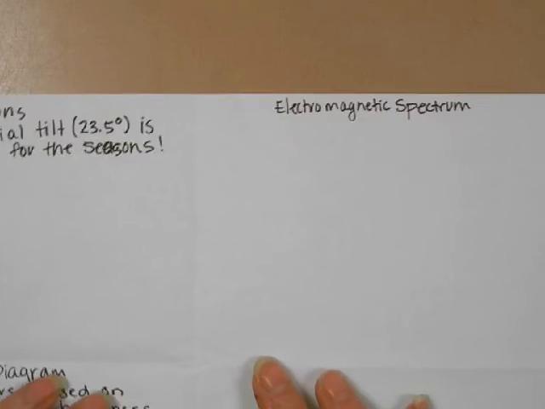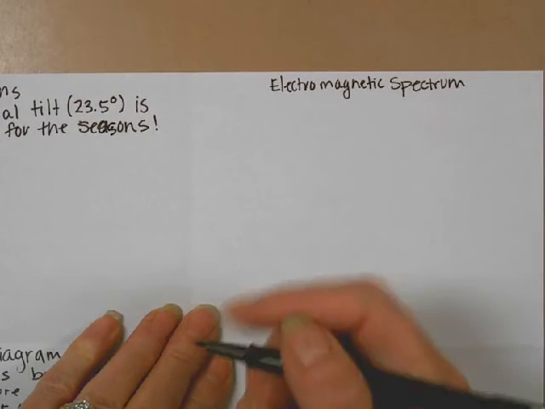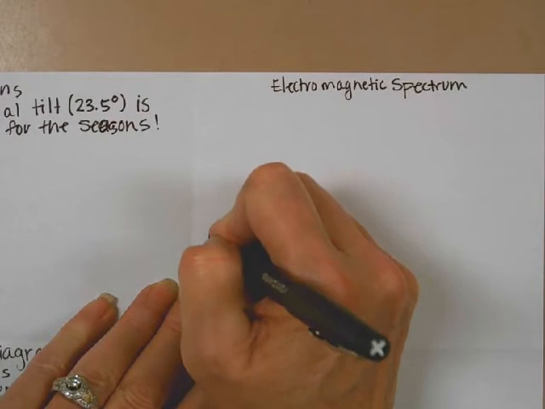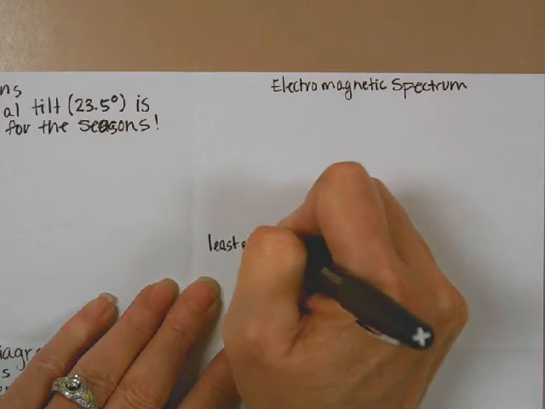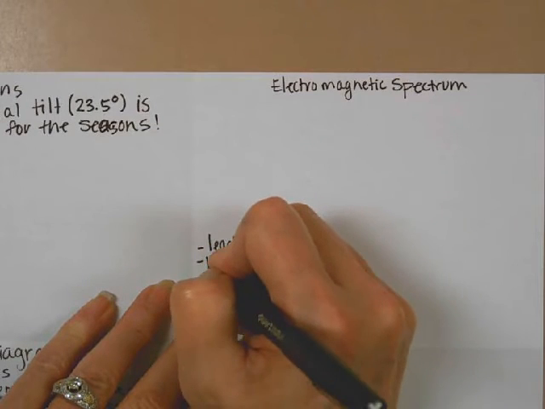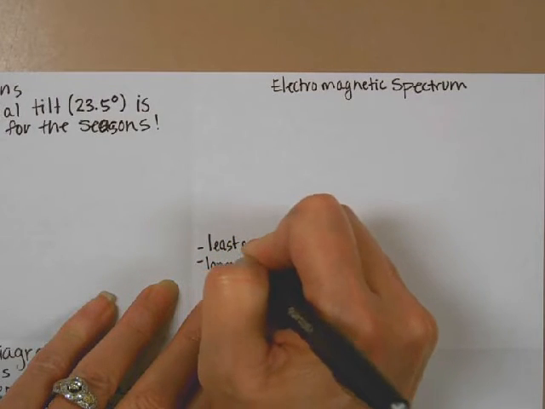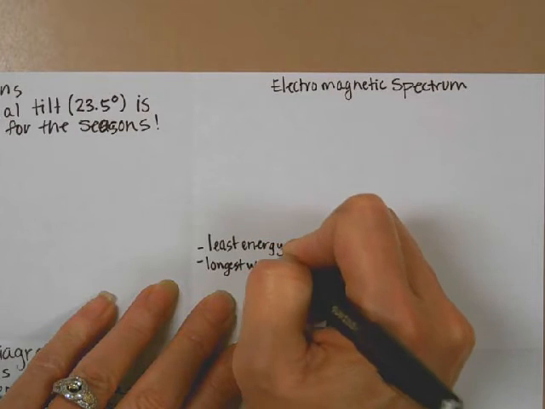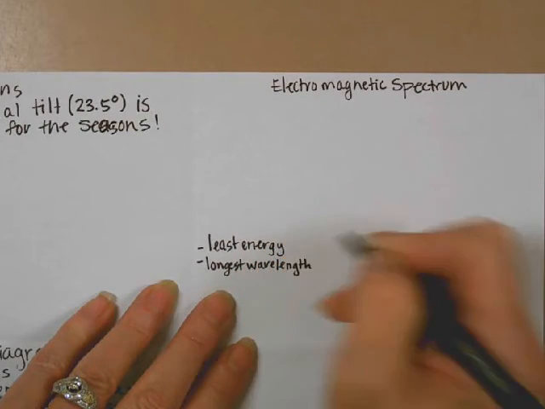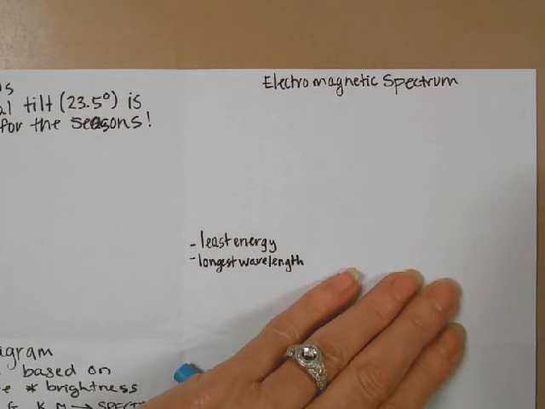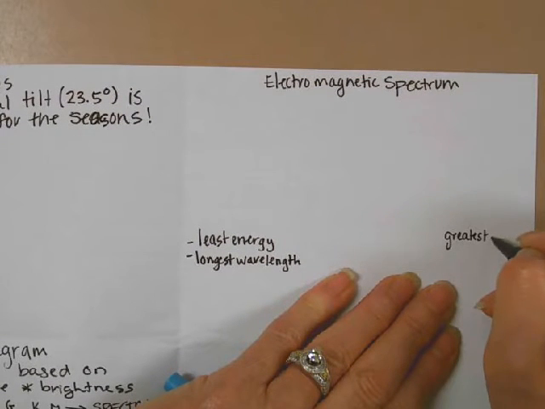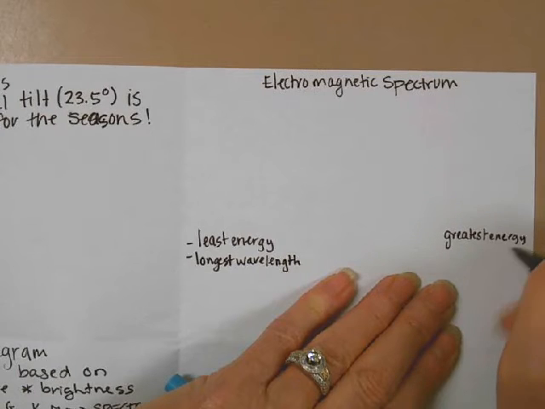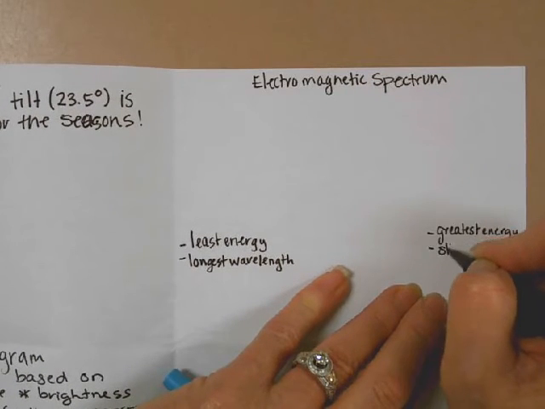I like to go from least to greatest. So we're going to go from the least energy, but that is the longest wavelength, to the greatest energy, which has the shortest wavelength.